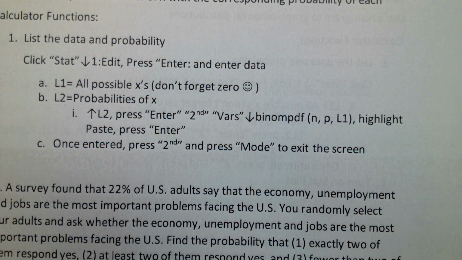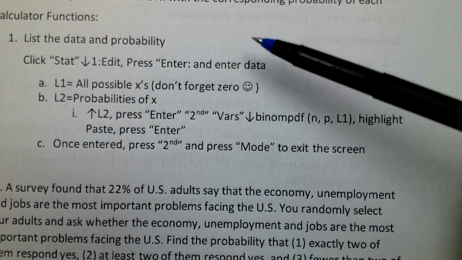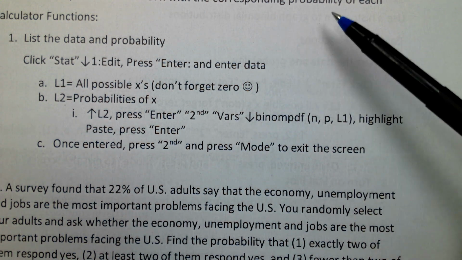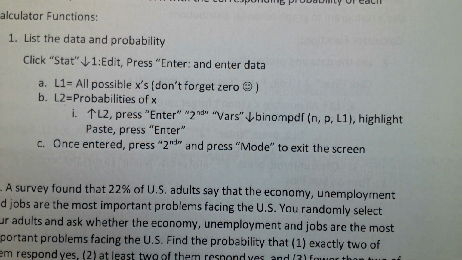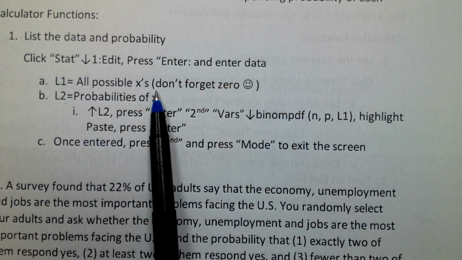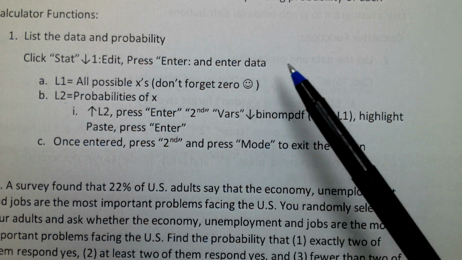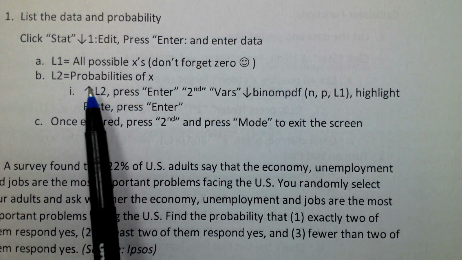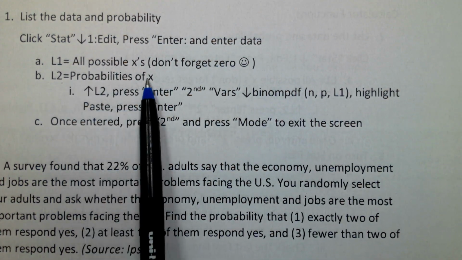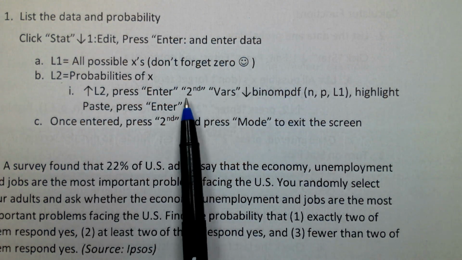Okay, so let me go through this real quick. So we're going to list all the possible values of x, and then we're going to calculate the probabilities. So all possible values of x go in L1. Don't forget 0. A lot of people forget 0. If you use this method, you've got to put 0 in all the way to n. Now L2 is going to be our probabilities. We're not going to enter them, we're going to tell the calculator to enter them. So we're going up to L2.